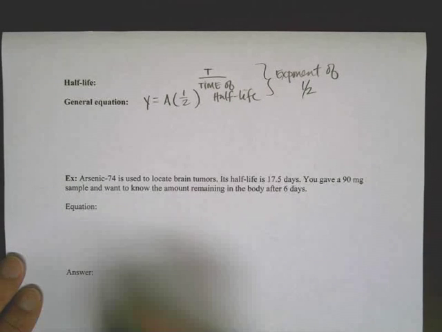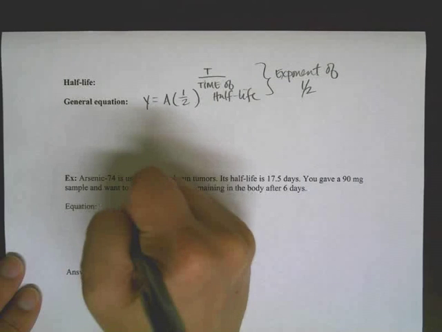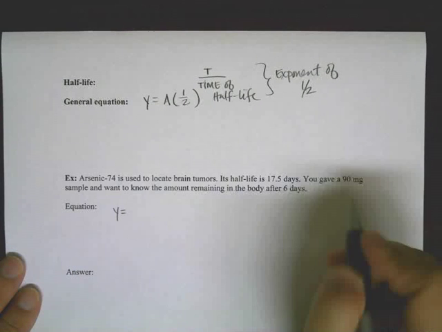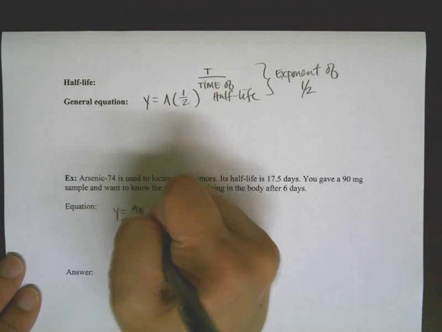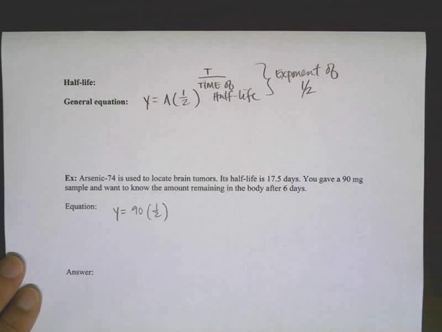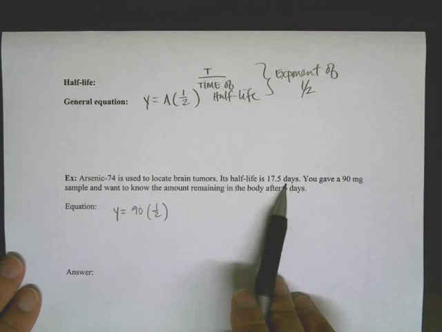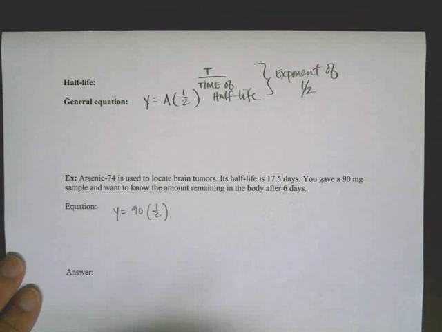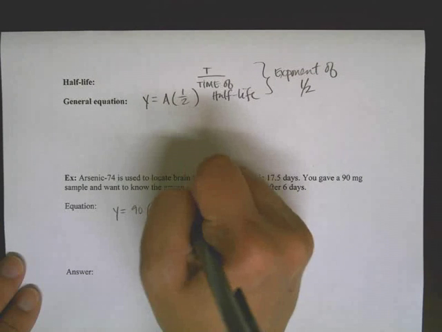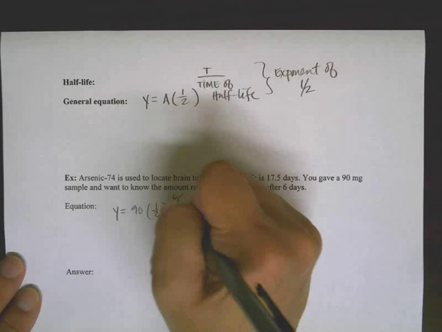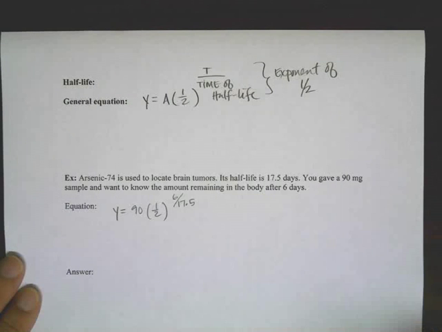So for the first problem, we're going to have y equals, our sample is 90, so it's 90 times 1/2. Our time over half-life is 17.5 days, and we're going to leave it in for 6 days. So our t is 6, and our half-life is 17.5.